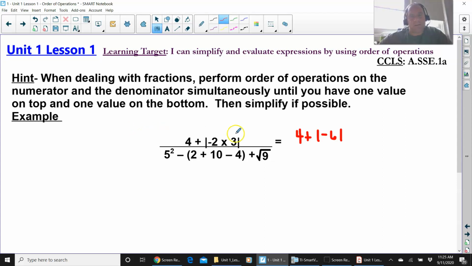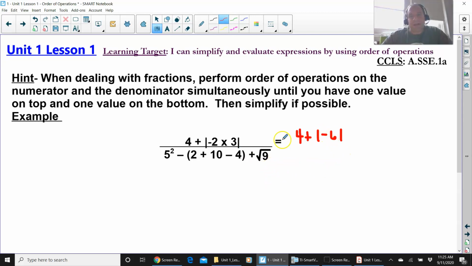So just taking a look at the numerator, these bars here, this is absolute value. And remember, absolute value is the amount of numbers away from 0 a number is on a number line.